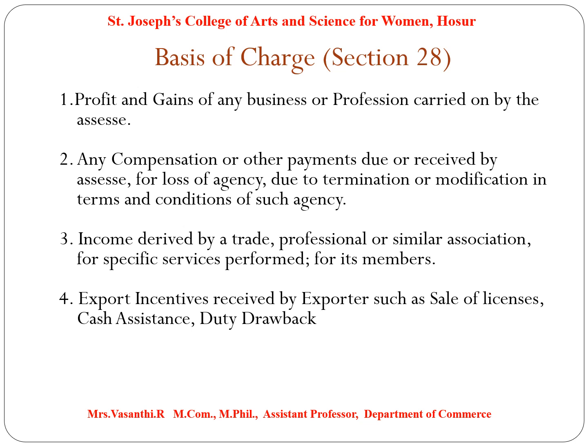Income derived by a trade or professional association for specific services performed for its members is charged under business or profession. Any incentives received by exporters, such as sale of license, duty drawbacks, cash assistance, are chargeable under business or profession.